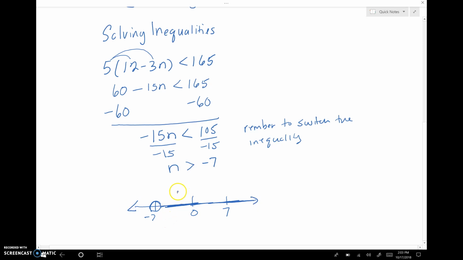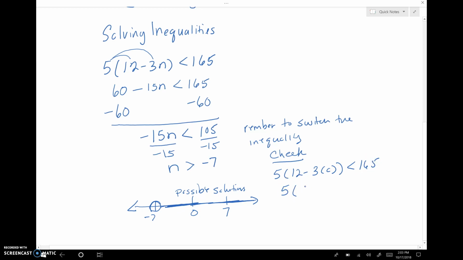And this indicates the possible solutions. And we can check. I'm going to decide to use 0 as a number that is greater than negative 7. So we have 5 times 12 minus 3 times 0 is less than 165.